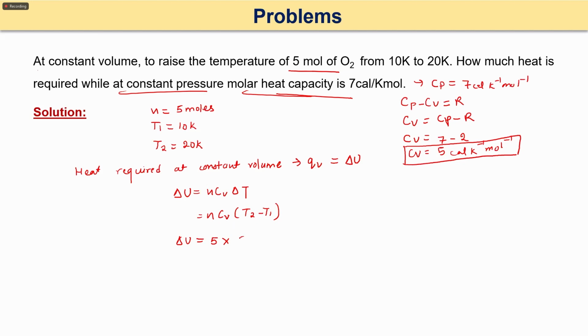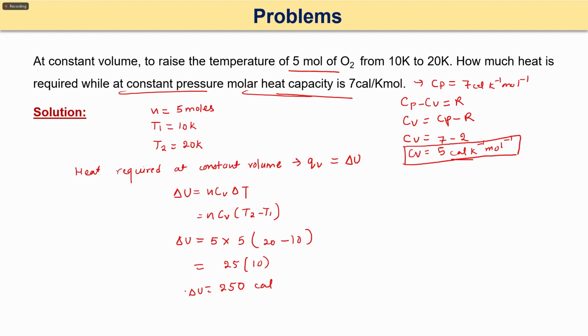Cv is 5, T2 is 20 Kelvin and T1 is 10 Kelvin. 5 into 5 will be 25 and 20 minus 10 will be 10. So this will become 250, and these values were given in calories, so it will be in calories. Okay.